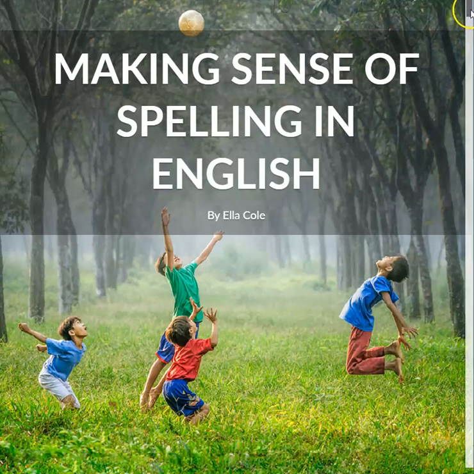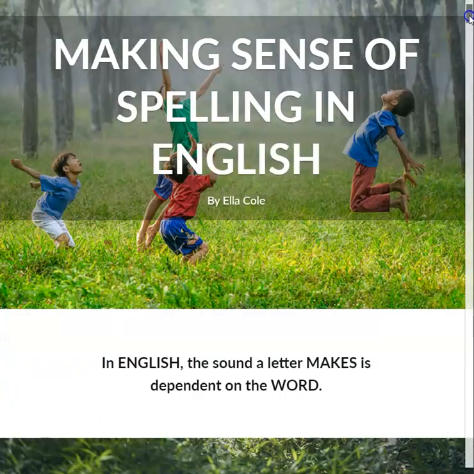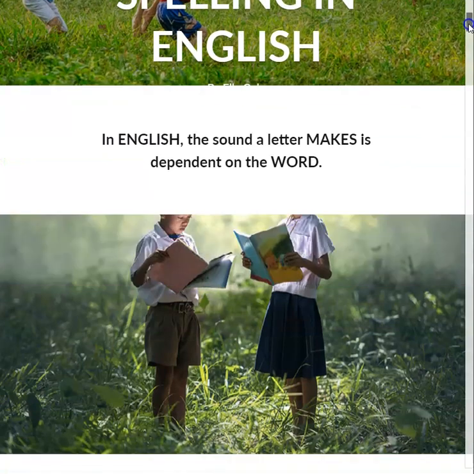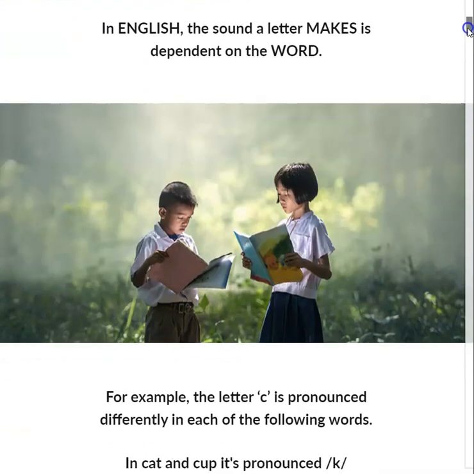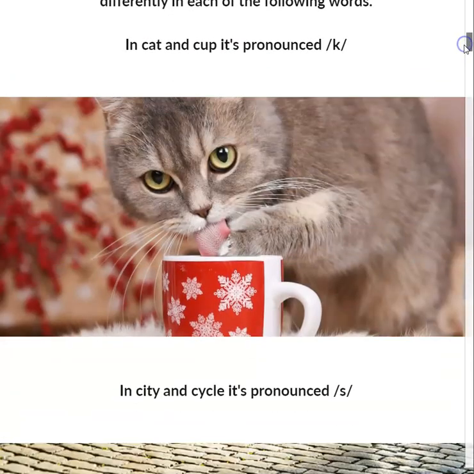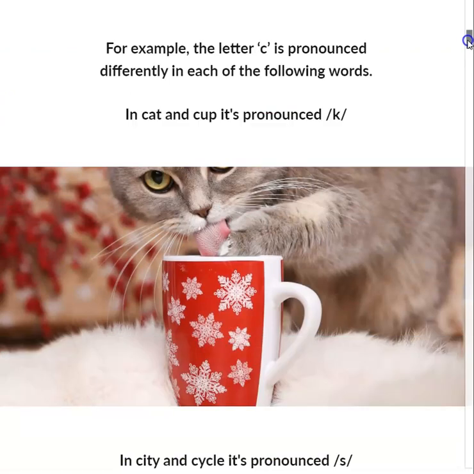Hi everyone, I made this video to help you understand how spelling works in English, to try and make sense of it. English can be challenging in this regard because the sound that a letter makes is dependent on the word. For example, if we take the letter C, it's pronounced differently in each of the following words.